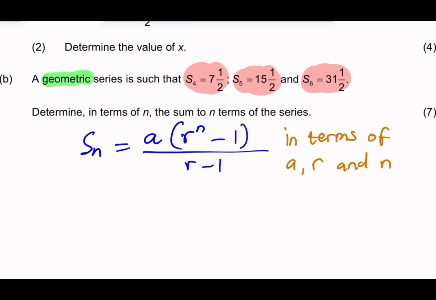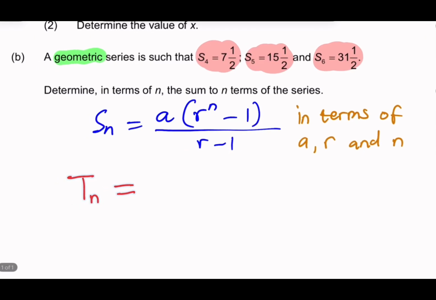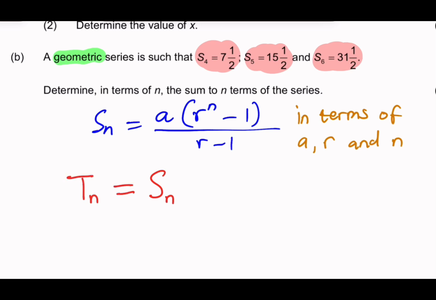Now, what we notice about the given information is that these are S4, S5, S6. These are consecutive, coming right after the other. So this is great because it must remind us that if we ever needed T of n, then we can just say Sn minus Sn minus 1.